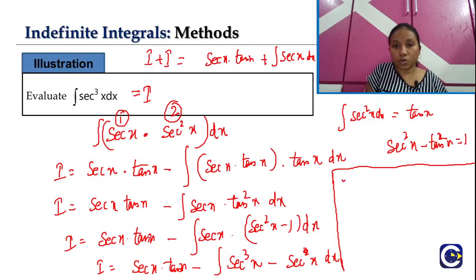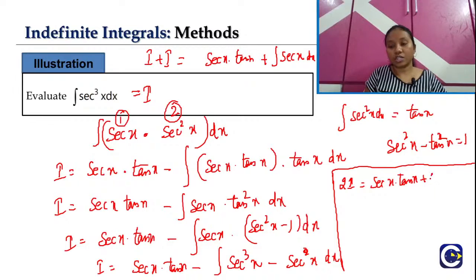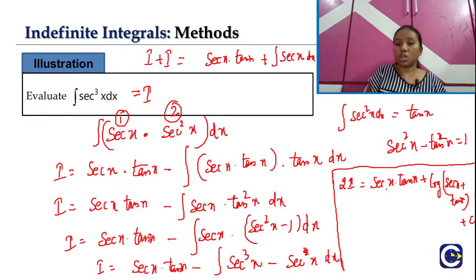This will be 2I, and secant x into tan x will be there. And here comes the next part, that is integration of secant x. Integration of secant x is nothing but log of secant x plus tan x, and constant c will be there as it is.